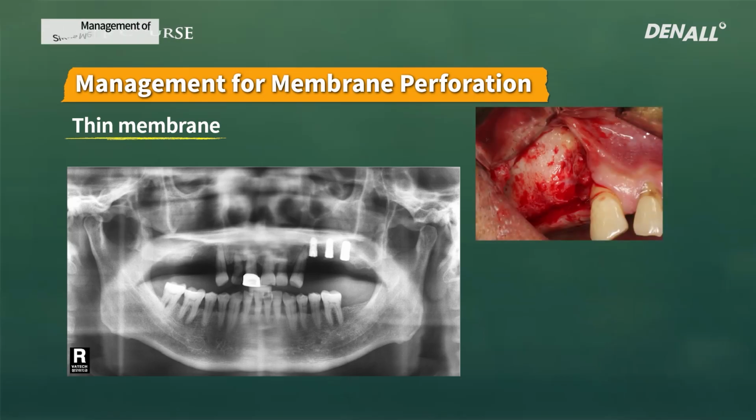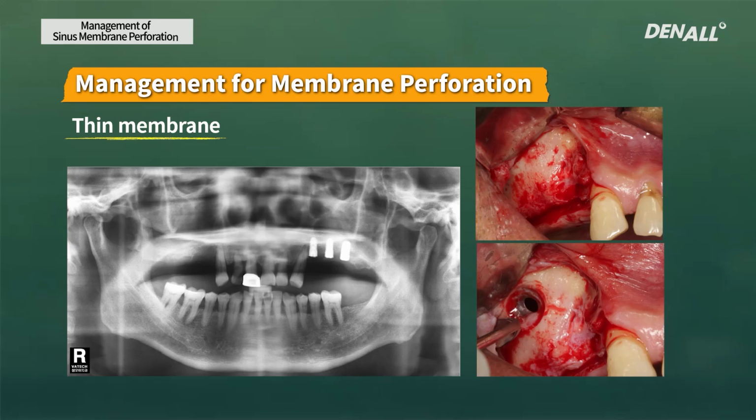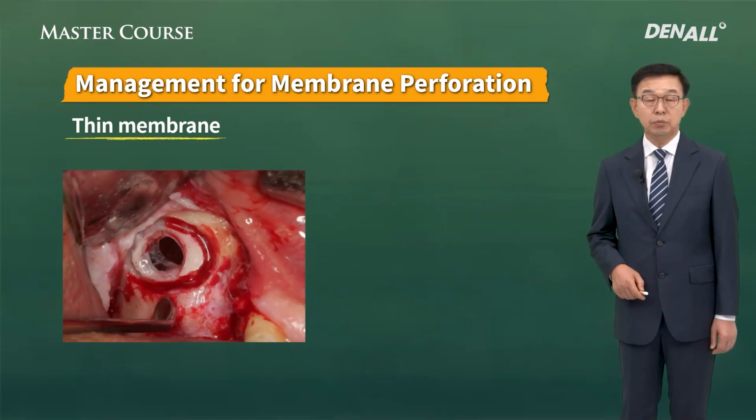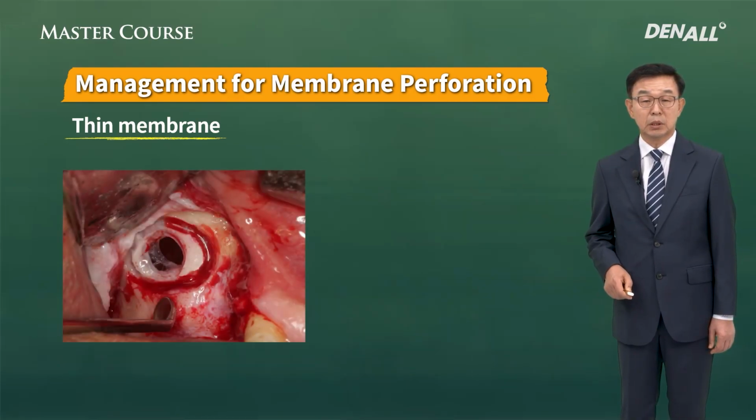In the upper right posterior area, lateral approach was taken because the residual bone was limited. Sinus membrane was perforated. The membrane was very thin. In the end, in order to lift the sinus membrane beyond the torn area, window was formed.